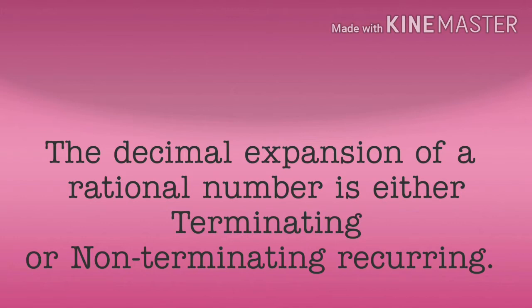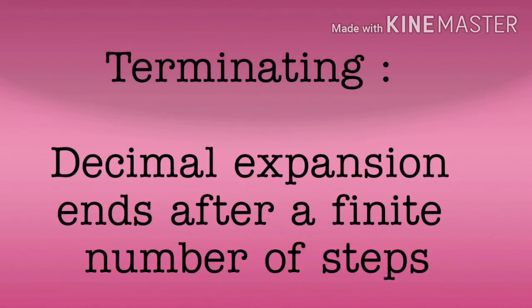Two important terms are there: terminating and non-terminating recurring. What is meant by terminating? And what is non-terminating recurring? Terminating means the decimal expansion ends after a finite number of steps.